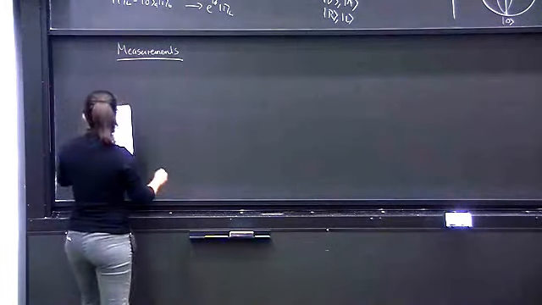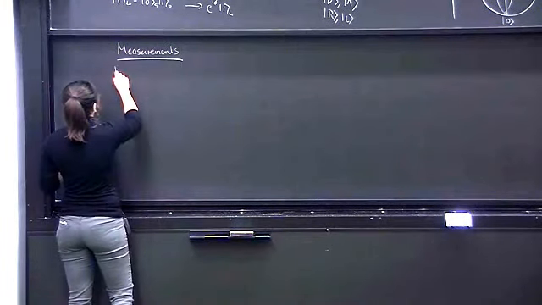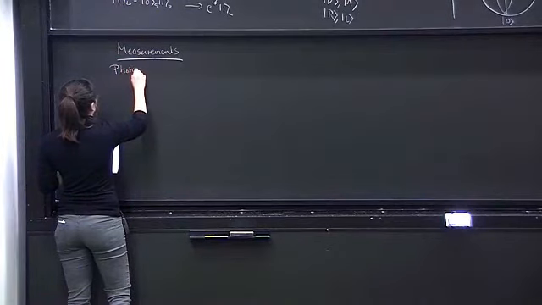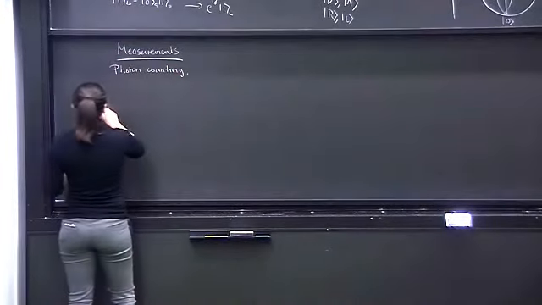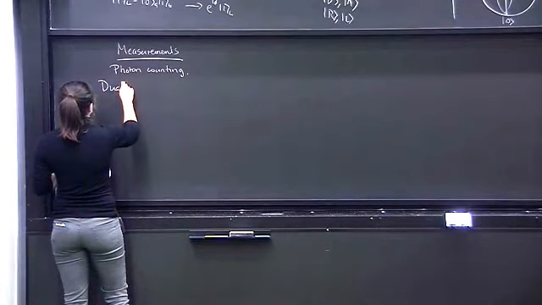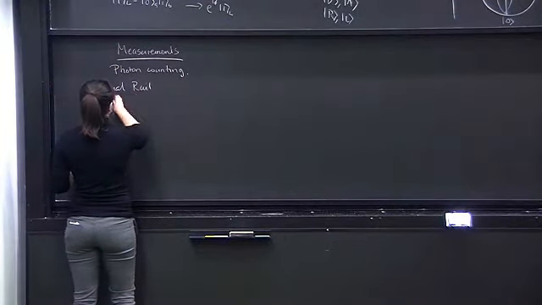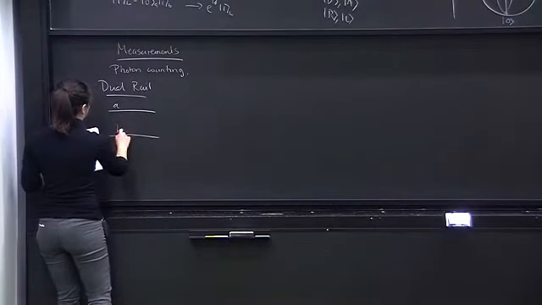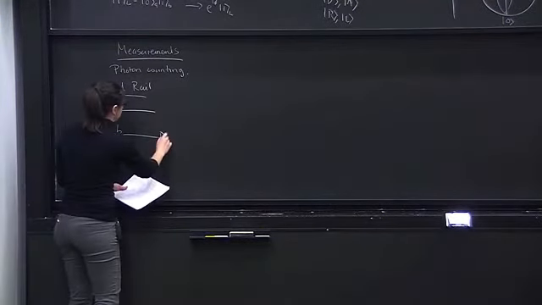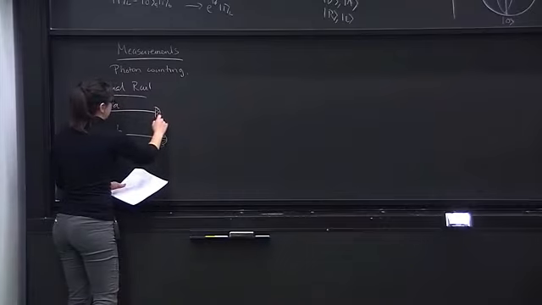Okay, so for measurement, we use photon counting. So in dual rail, we're going to have A and B, and all we do is just stick a detector here and a detector there.